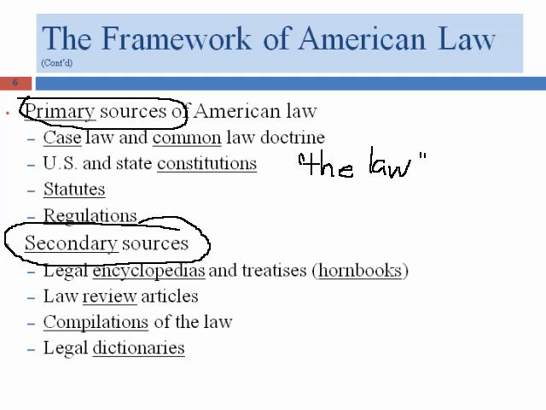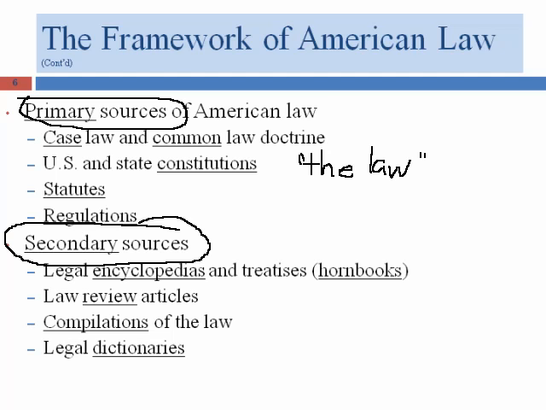The legislature creates the law. The administrative agency writes regulations that develop more specific features of the statute, and then the judges come through and interpret the statute, the regulation, perhaps the Constitution, to create the law. All of these things are primary sources of law.